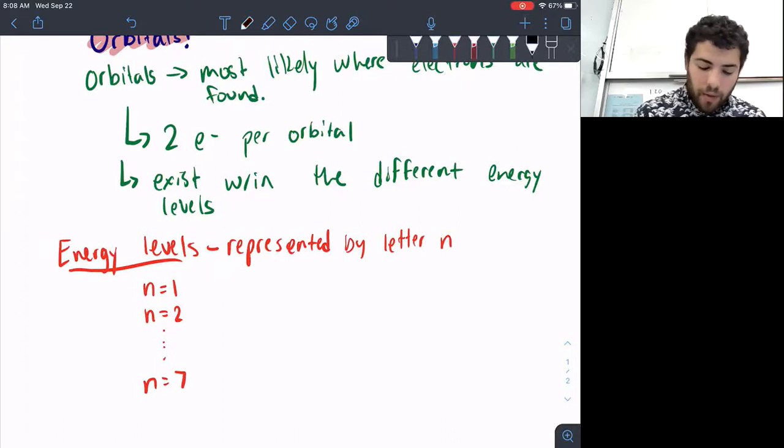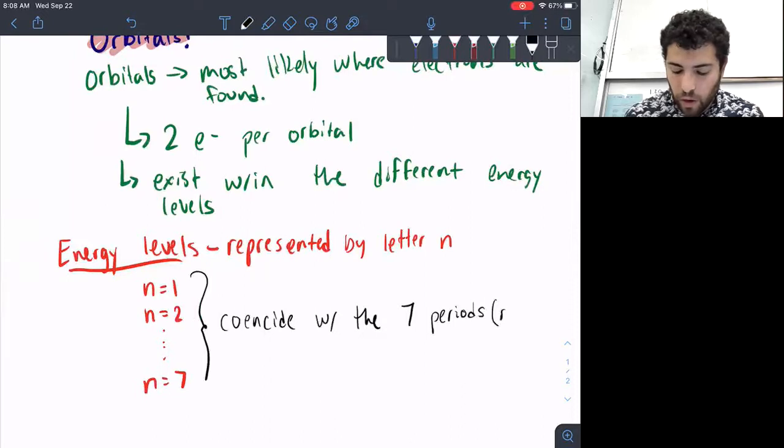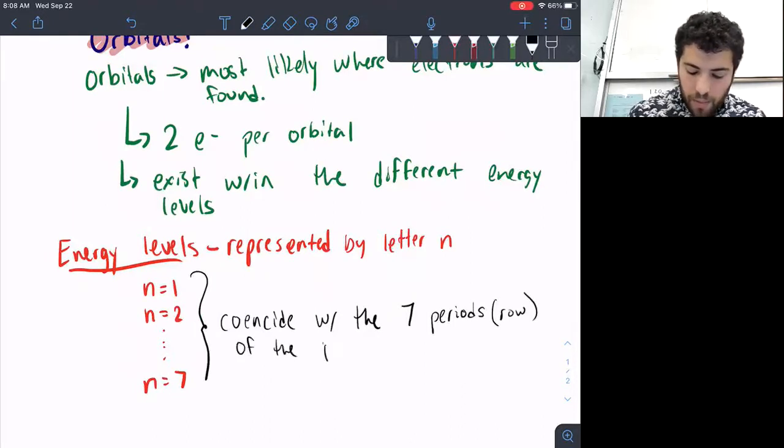And something to note about that is these coincide with the 7 periods, or rows, of the periodic table.